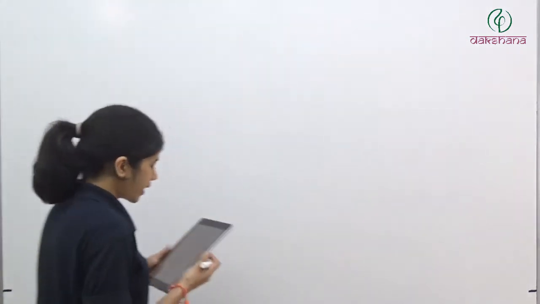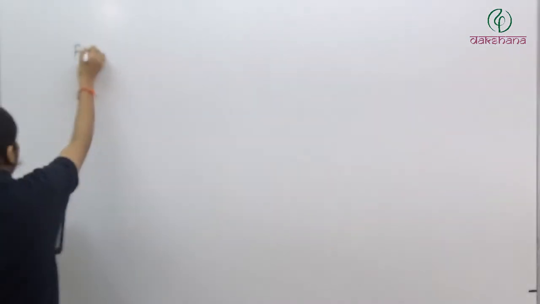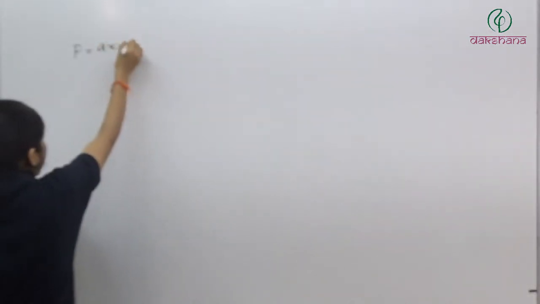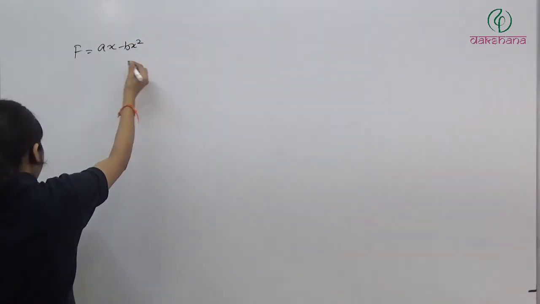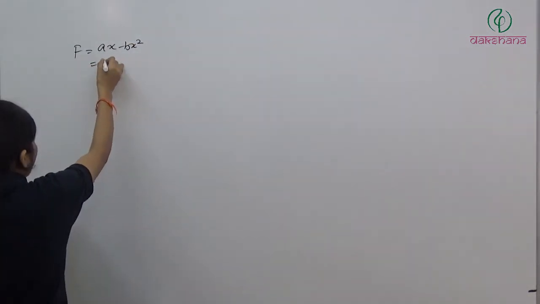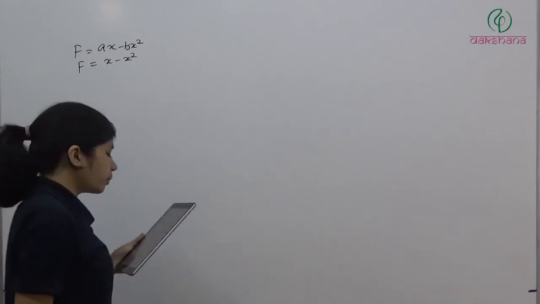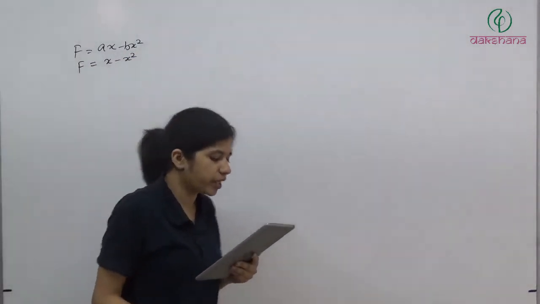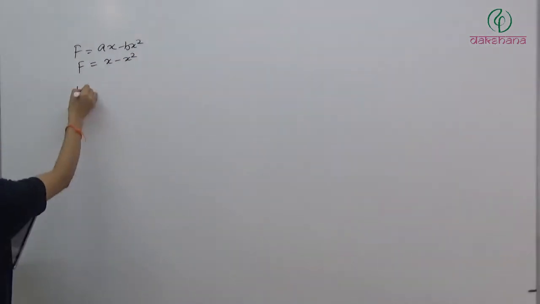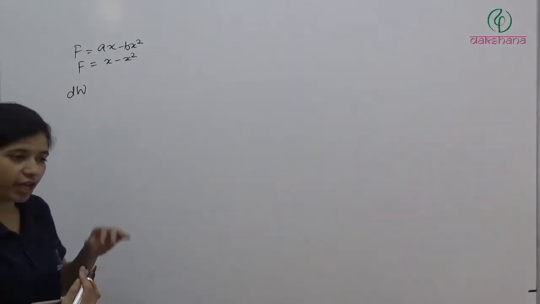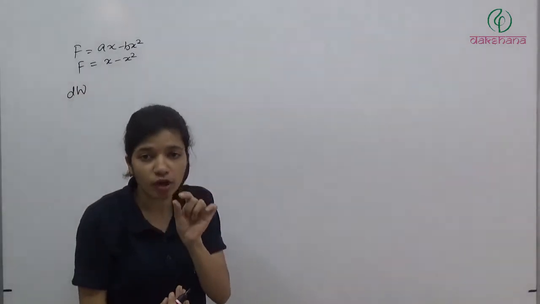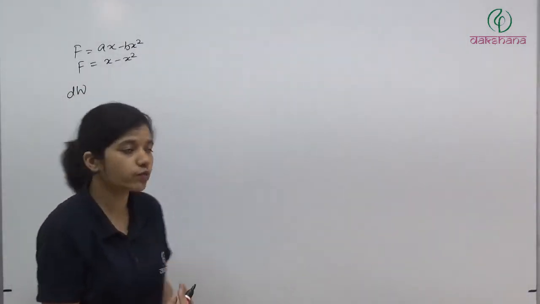So first question is, a force acting on a particle varies with displacement as F is equal to ax minus bx square, where a is 1 and b is also 1. So we can write x minus x square is the force. And the work done by this force for the first 1 meter. So simply what we should do, small work done. When we have variable force, we'll calculate small work done and then we'll add all those small work done.